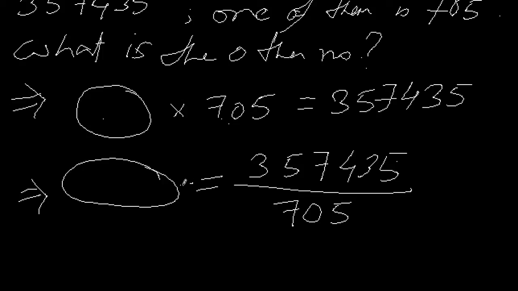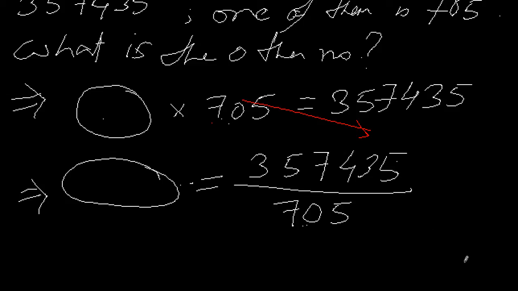It was in the numerator position and it came this way. So now I have 357435 in the numerator and 705 in the denominator.